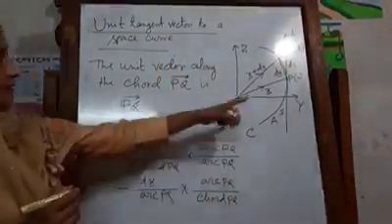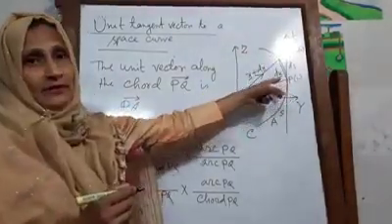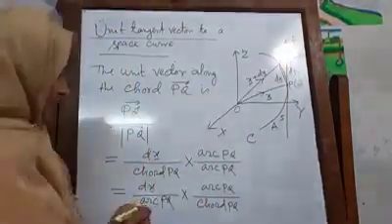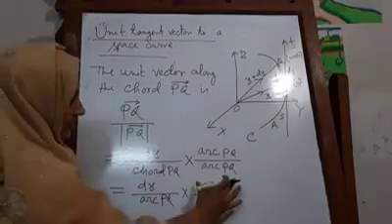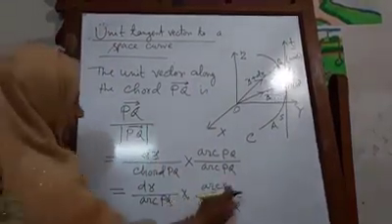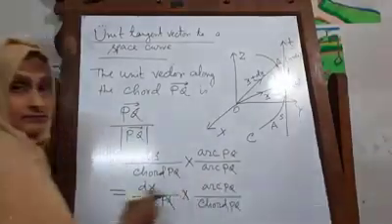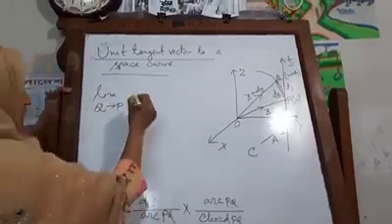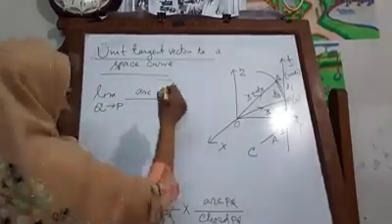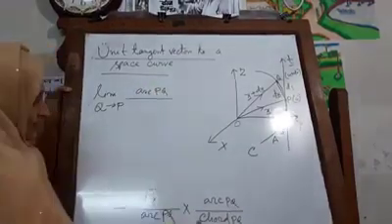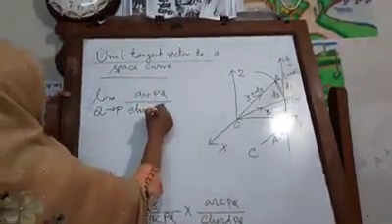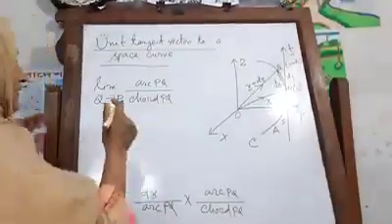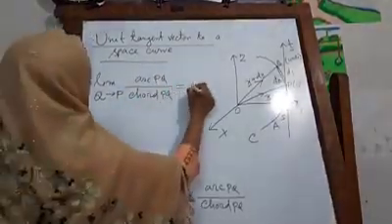Dear students, here if Q tends to P, at the point P we find a tangent line T. If Q tends to P, then the limit of arc PQ divided by chord PQ is equal to 1. Here the arc is a portion of a circle.